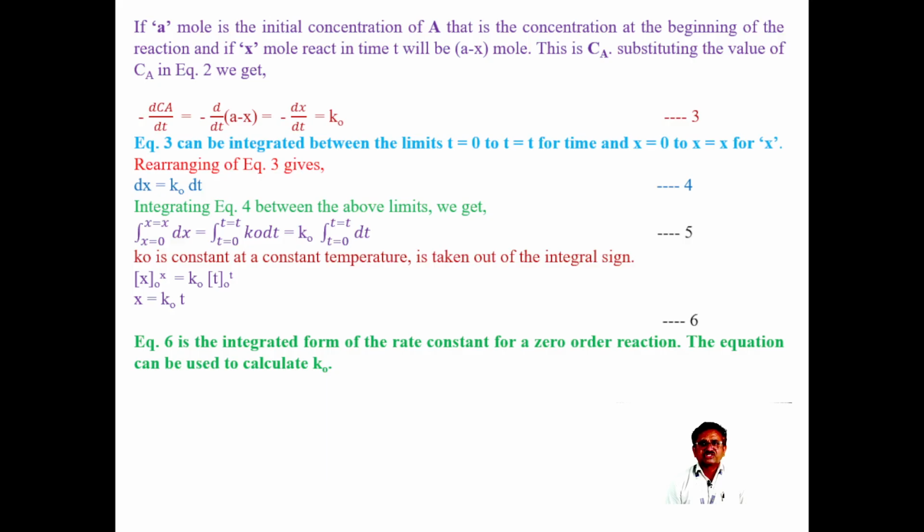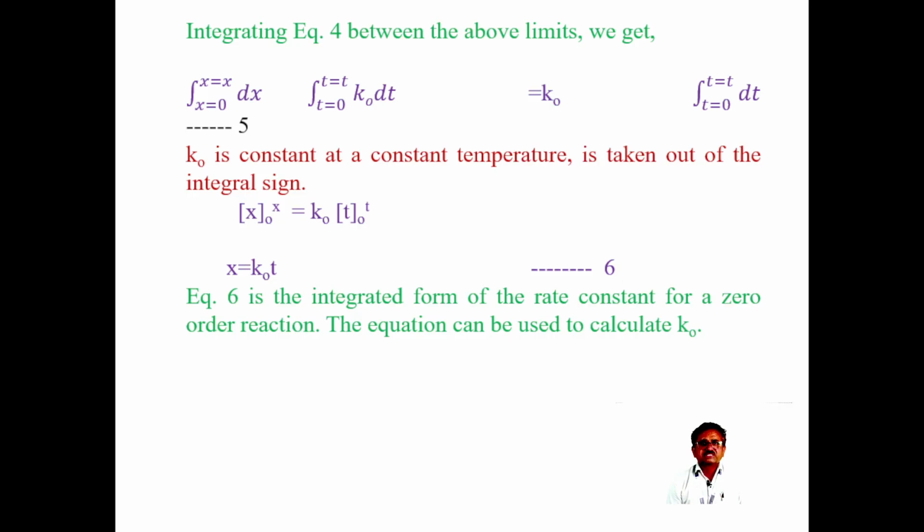Put this as equation 6. This equation 6 is the integrated form of the rate equation for a zero order reaction. This equation can be used to calculate K0, the rate constant for a zero order reaction. In the same way, the integration of equation 4 is given here to obtain the final equation.